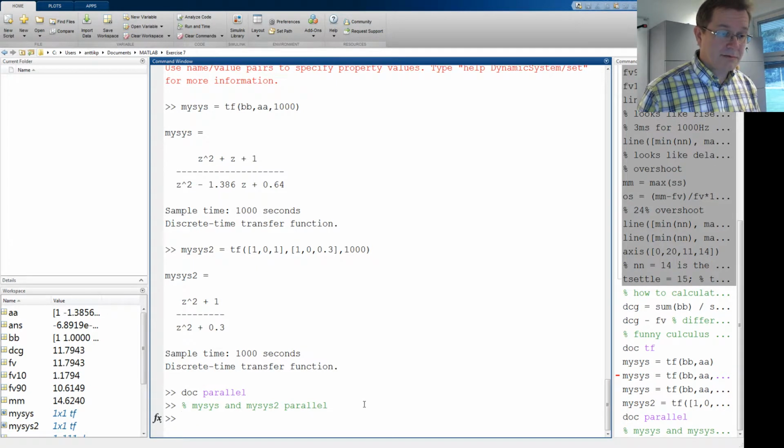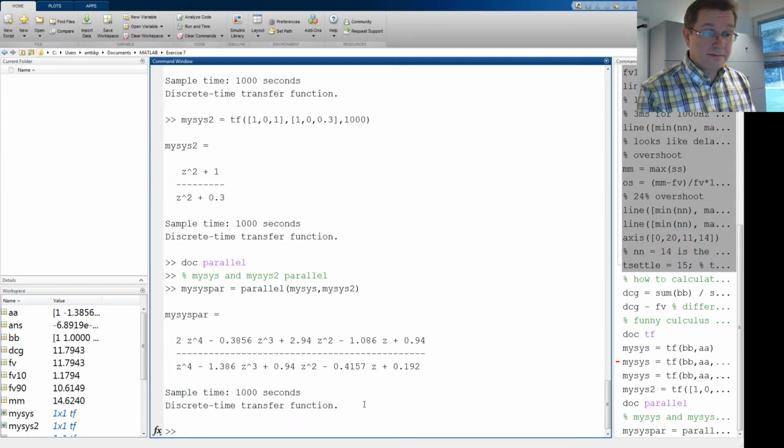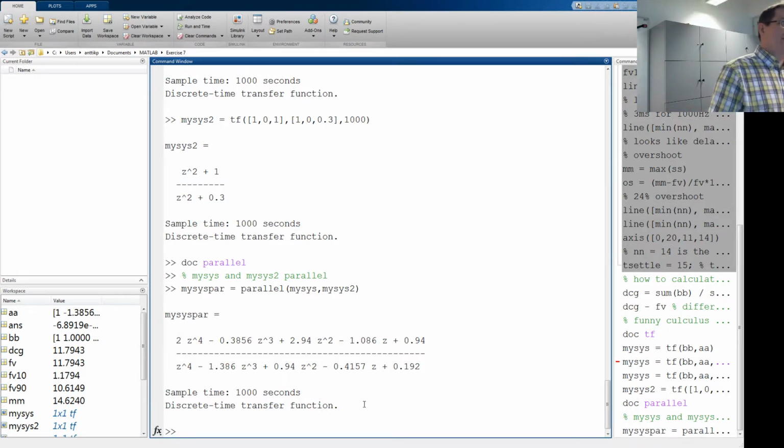The total would be just parallel minus 2. Okay. That's how easy it is to start playing with these numbers. It's just a variable, but it's a transfer function variable in MATLAB space.